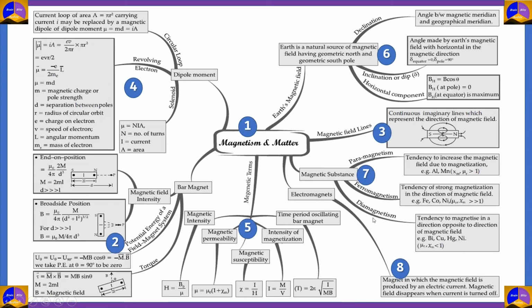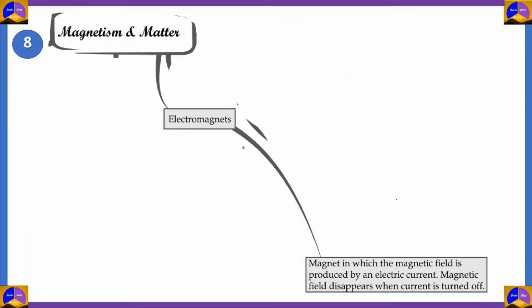So magnetic substances form permanent magnets. However, ever since Maxwell proved that electricity and magnetism are united, there has been tremendous exploration of electromagnets. Unlike a permanent magnet, which stays the same forever, an electromagnet is a magnet in which the magnetic field is produced by an electric current.